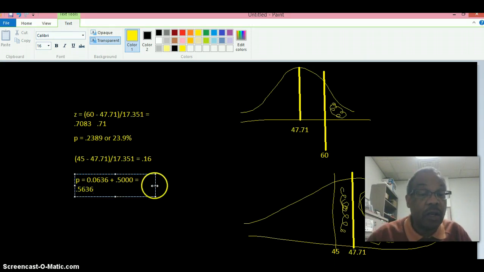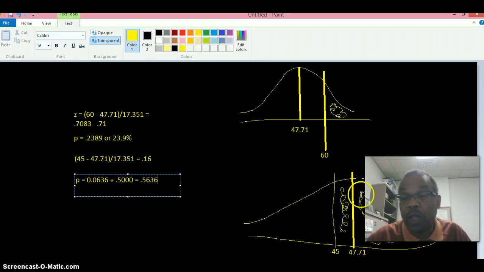Alrighty then. And the question you're asking, why am I adding that 0.50? Because everything on the right of the mean is 0.50. And so we were looking at this piece plus this piece. So in that case, we have to add 0.500.